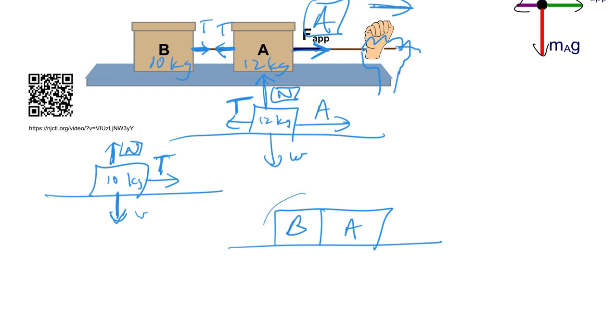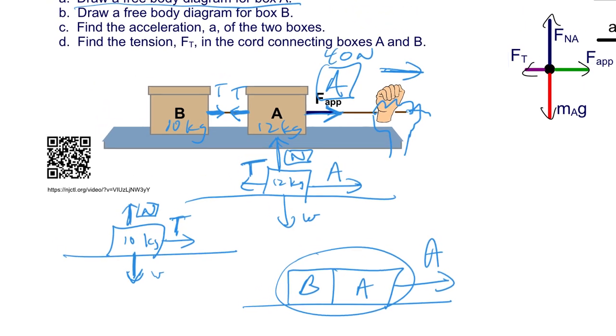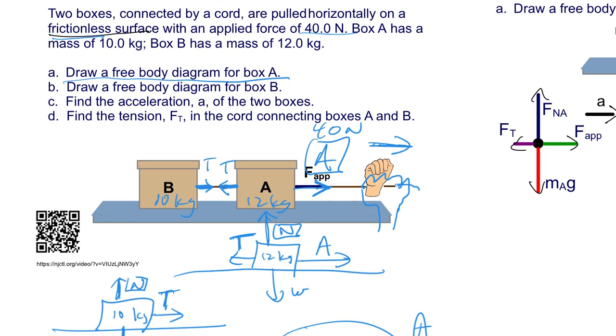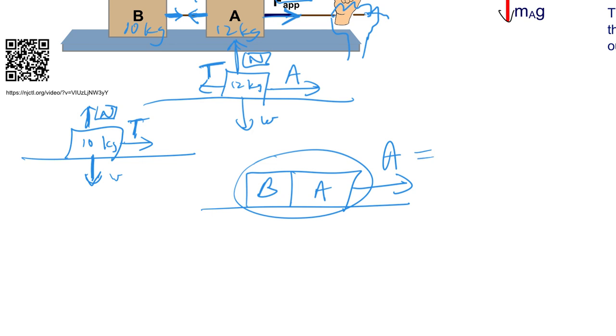And we can treat this as one object being pulled by the applied force. Find the acceleration. Okay, we know the applied force is 40. It's given. So the acceleration of block A is the same as the acceleration of block B because they're connected by a string, a non-elastic string. So the acceleration is the same.